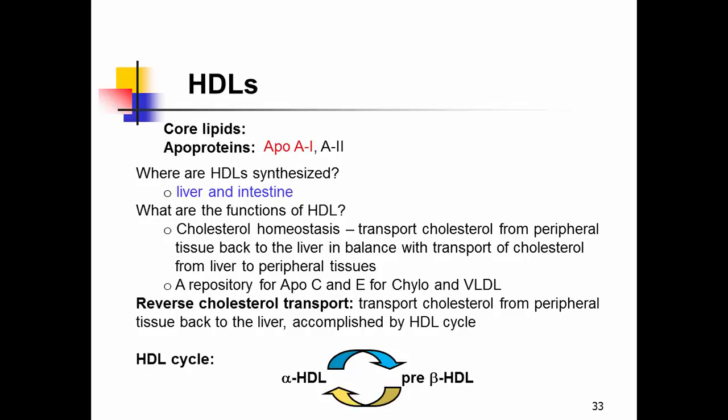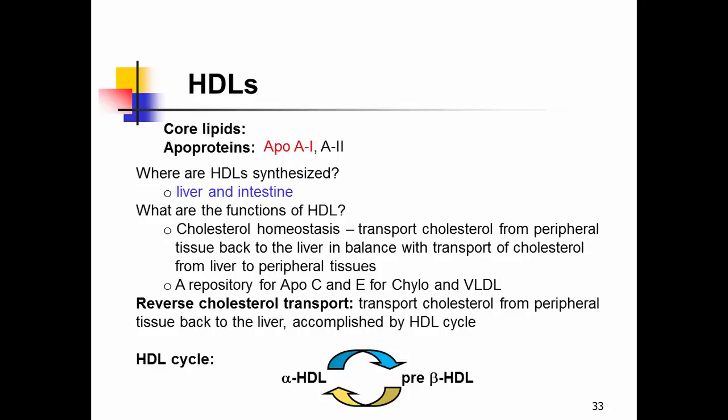And the function of HDL is the so-called reverse cholesterol transport. It means you remove the excess cholesterol from peripheral tissue, particularly from macrophages in the artery wall, back to the liver for synthesis of bile acid, and then it is excreted out of the body. So HDL is good cholesterol, and we also talked about the core lipids and apoproteins.